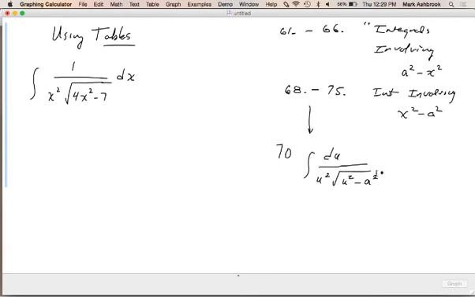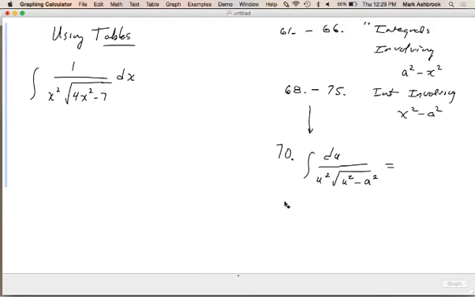Okay, so 70 looks like this: du over u squared times the square root of u squared minus a squared. And you see that's pretty dang close to what we have. It follows that same pattern. And then they just give us that antiderivative.